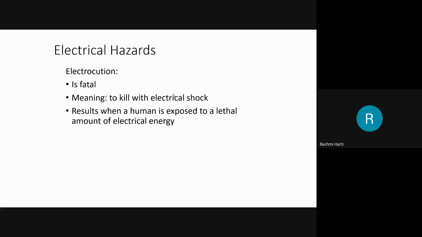When you touch live wires, high voltage live wires, the person is immediately electrocuted.